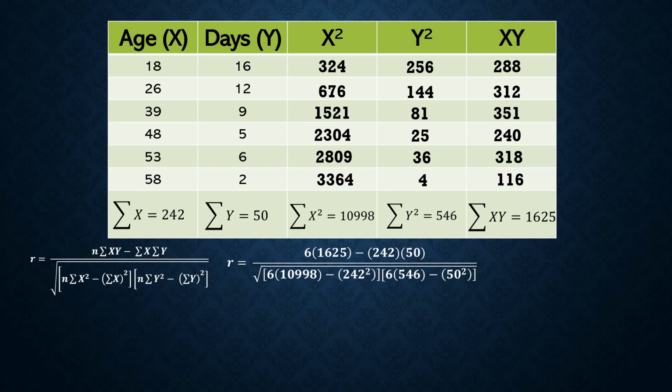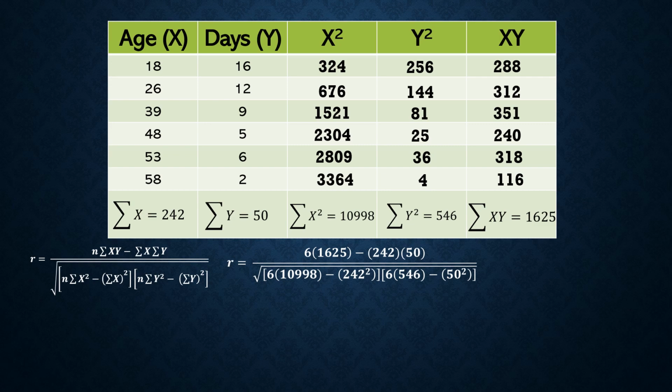Instead of writing summation of x squared, as you can see, our summation of x squared is 10,998, minus summation of x quantity squared. Our summation of x is 242, so we're dealing with 242 squared. Then multiplied by 6, which is n, times your summation of y squared.